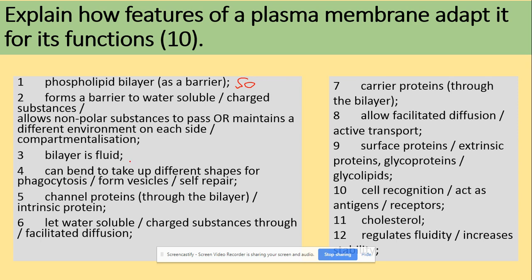The bilayer is fluid, so it can bend to take different shapes. Channel proteins let water-soluble molecules pass. Carrier proteins allow facilitated diffusion. Active transport, remember, is carrier proteins only, not channel proteins. Surface proteins are for cell recognition, and cholesterol regulates fluidity and increases the stability of the cell membrane.